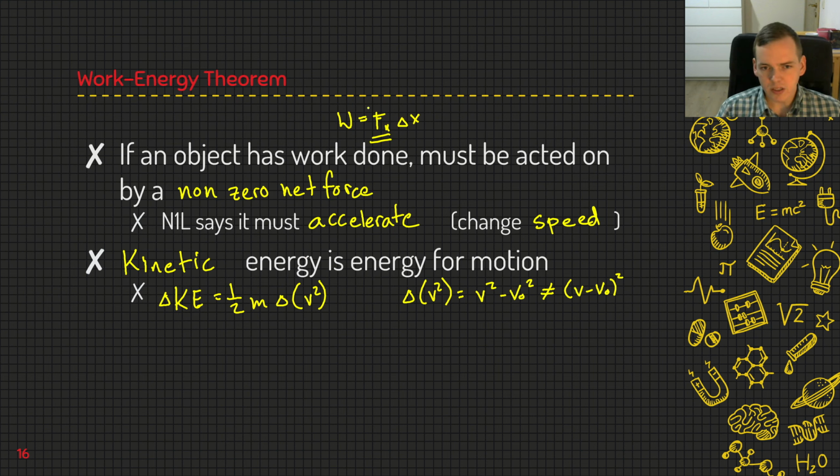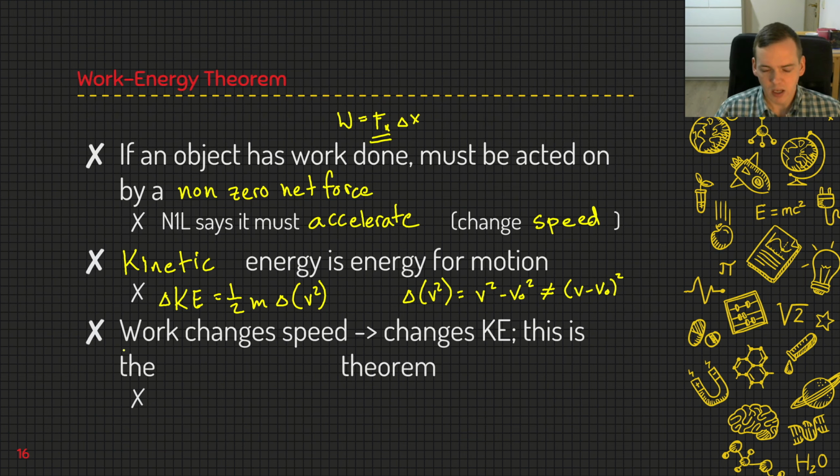And so we just saw that if an object has work done on it, it has to speed up or slow down, which means that kinetic energy also must change. So work changes speed. This means that kinetic energy changes. And this relationship is known as the work energy theorem.